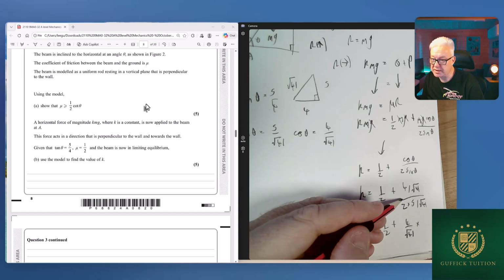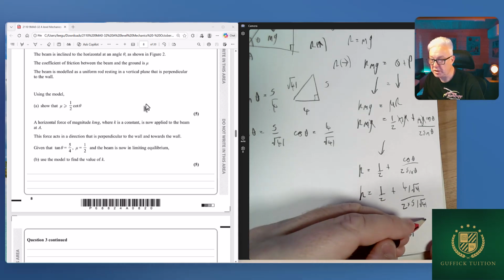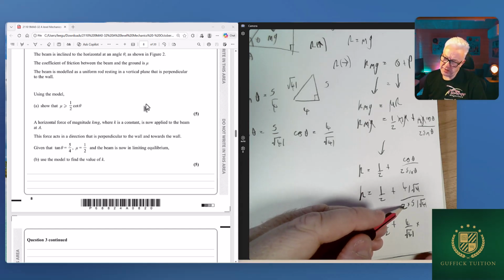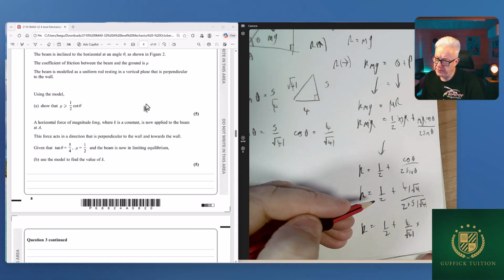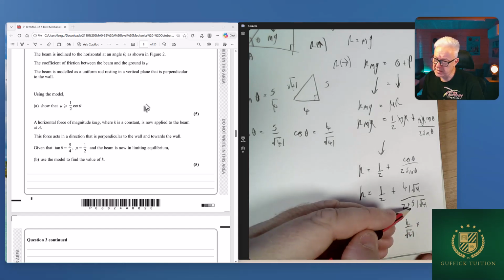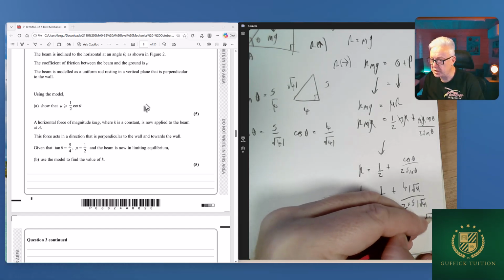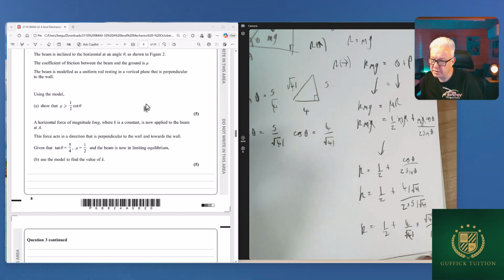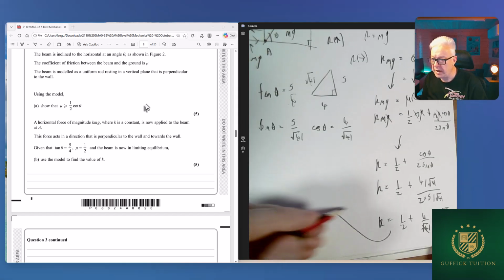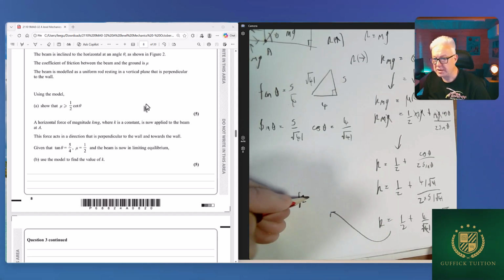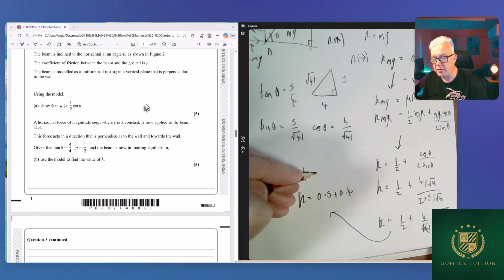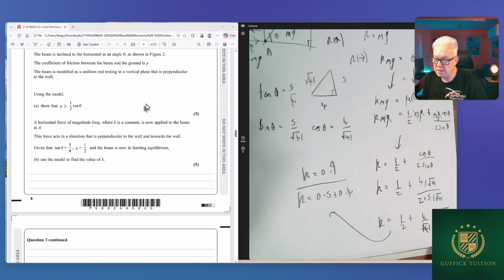Dividing by a fraction is the same as multiplying by its reciprocal, so we get root 41 over 10. The root 41s cancel, and 4 divided by 10 is 0.4, and a half is 0.5. So k is equal to 0.5 plus 0.4, therefore k is equal to 0.9, which is our answer.